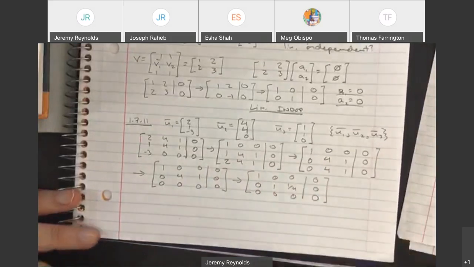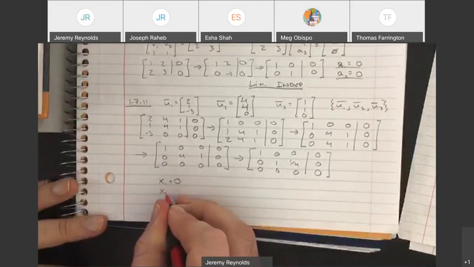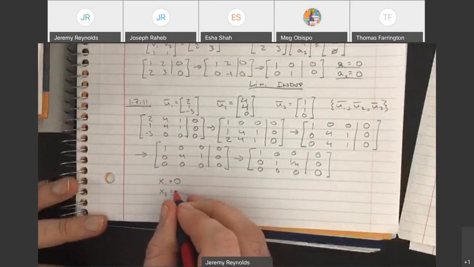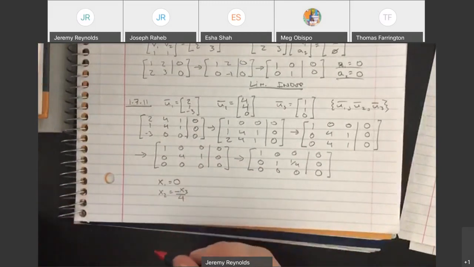Okay, and we can see here that x1 equals 0 and x2 equals -x3/4. So this means that they're linearly dependent.